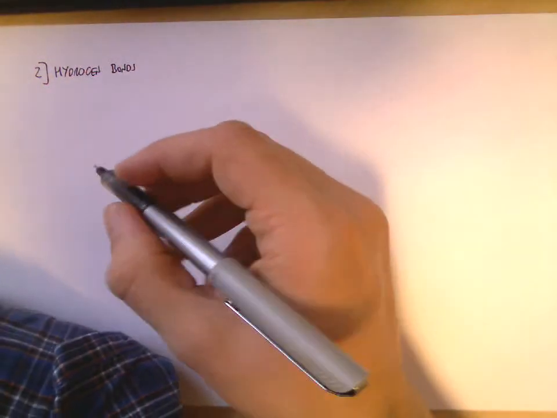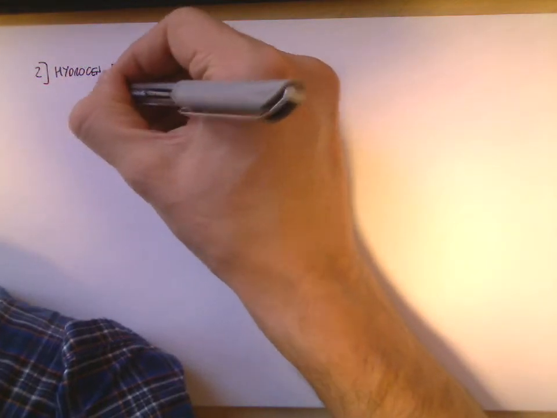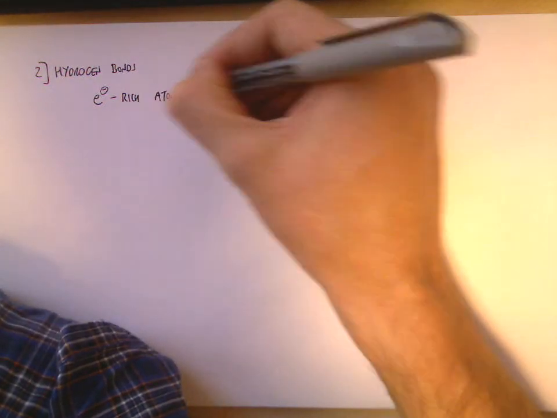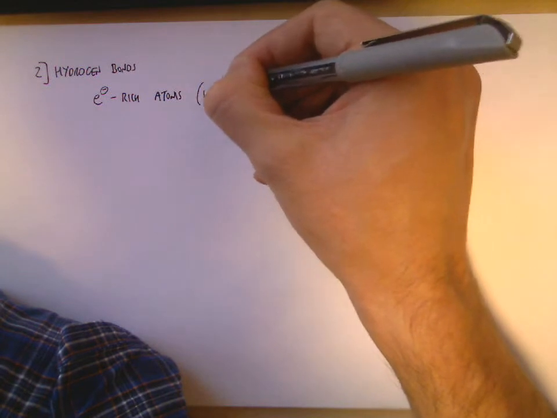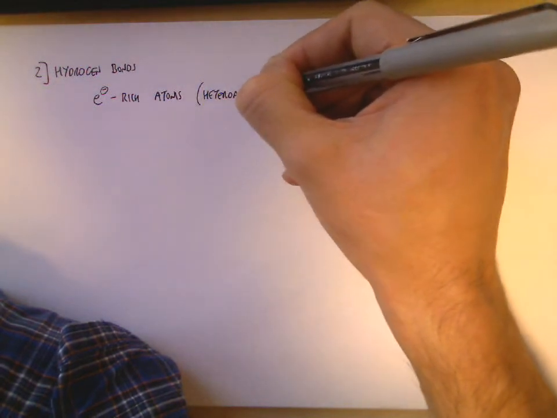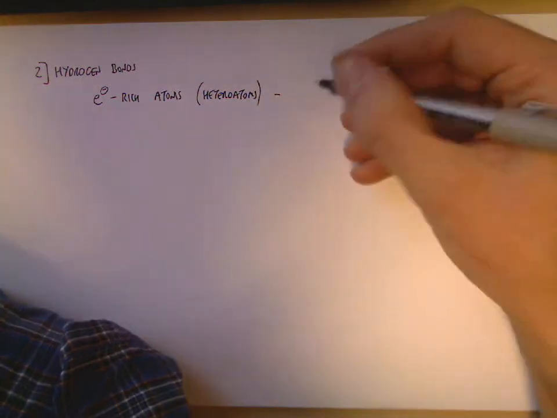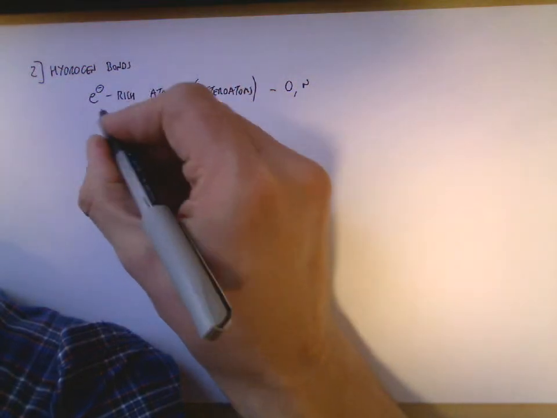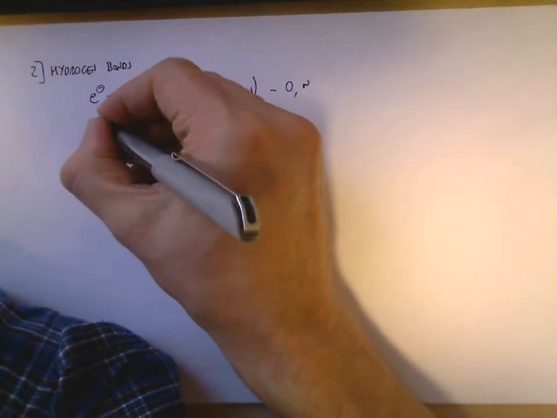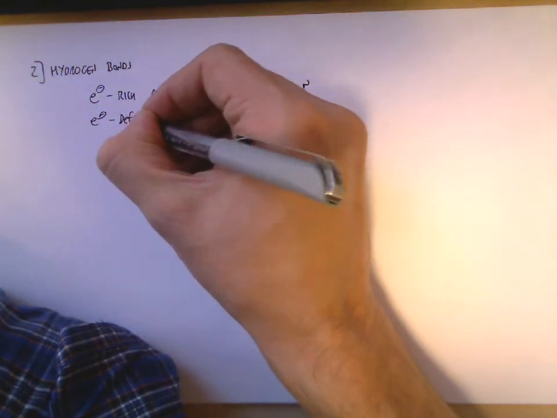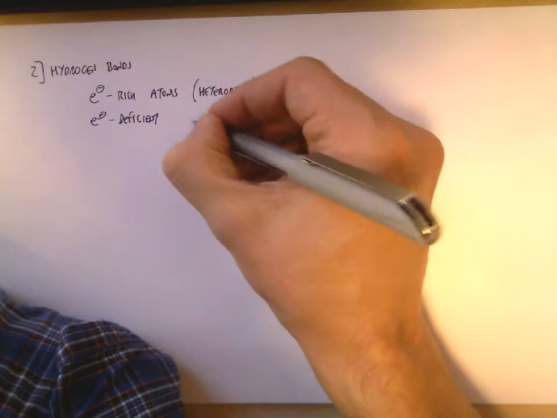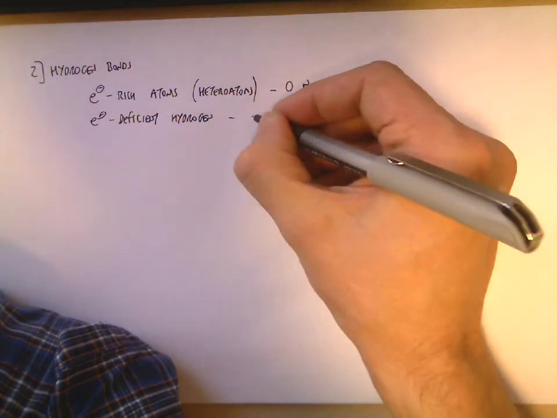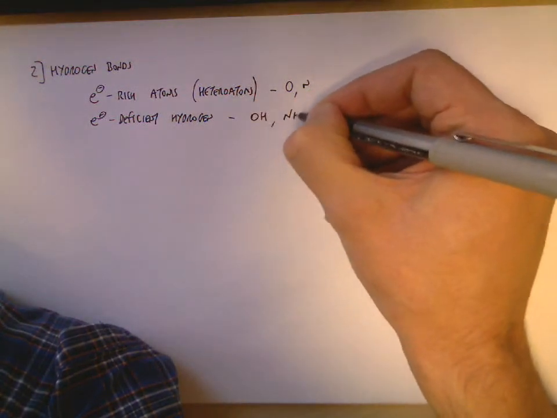And typically they occur between electron-rich atoms, or we say heteroatoms, and in drug discovery typically that will be an oxygen or a nitrogen atom, and they also occur between an electron-rich atom and an electron deficient hydrogen. And typically you find an electron deficient hydrogen on oxygen and on nitrogen.